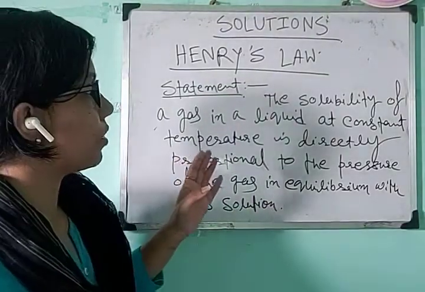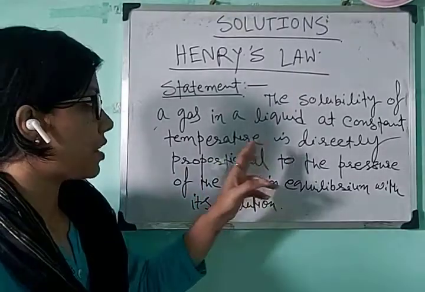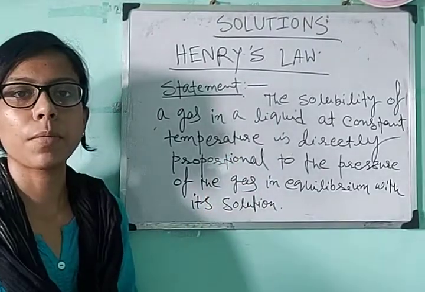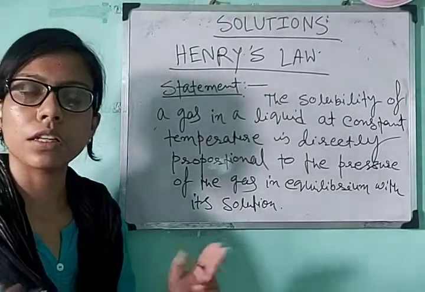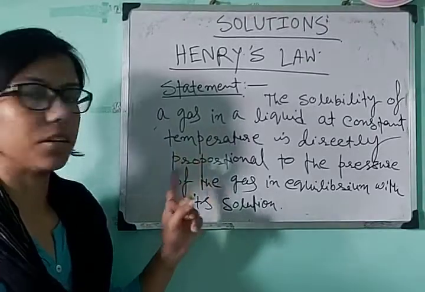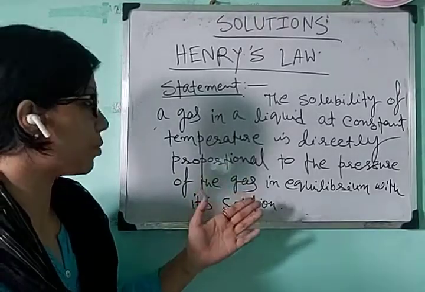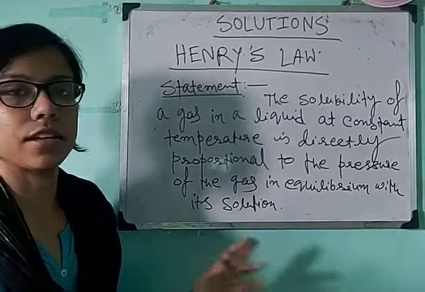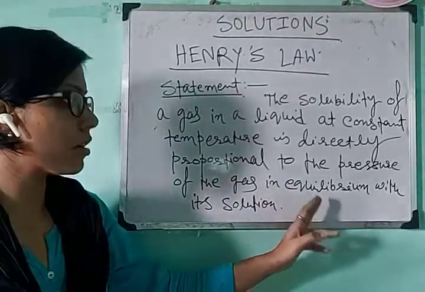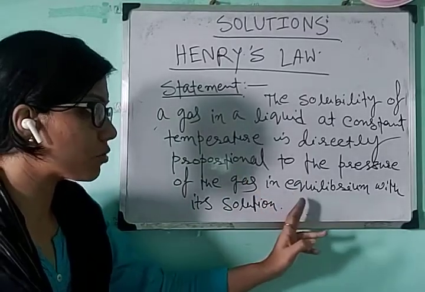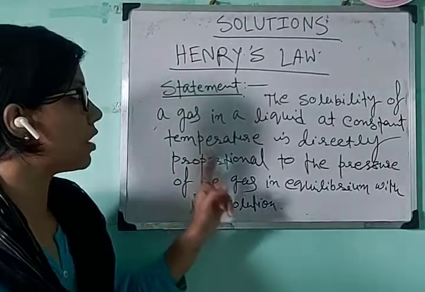So this is the statement of Henry's law: the solubility of a gas in a liquid at constant temperature is directly proportional to the pressure of the gas when the gas is in equilibrium with its solution. The temperature should be constant, as with varying temperature the solubility changes. So there are two conditions: the solution should be in equilibrium with the gas, and the temperature should be constant as we are considering the pressure term.